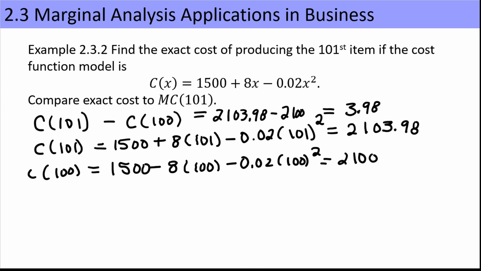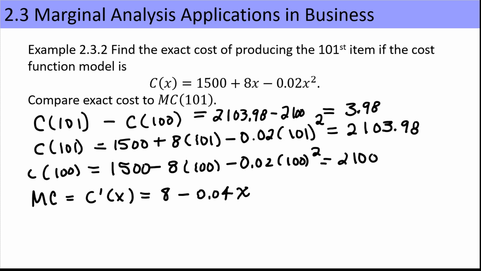Continuing with this problem, we've got the exact cost, now we're ready for the marginal cost. That's the derivative of the cost function. The derivative of 1,500 is 0. The derivative of 8x is 8. The derivative of 0.02 times x squared, bringing down the 2 and multiplying, would be minus 0.04x.